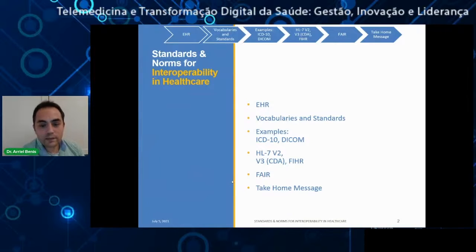We will deal with the HL7, V2, V3, and FHIR interoperability standards before moving to a very short introduction to FAIR as a framework, and before concluding and moving to the next lecture.